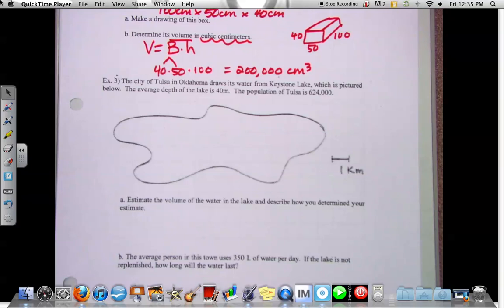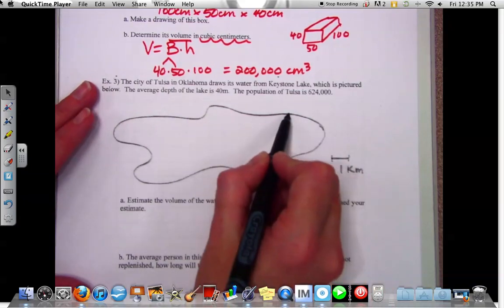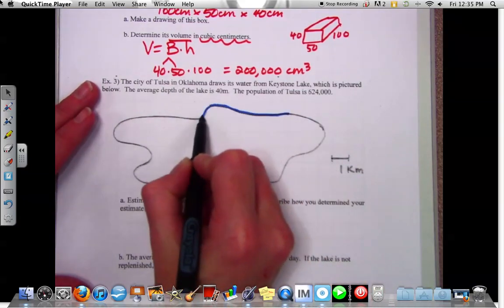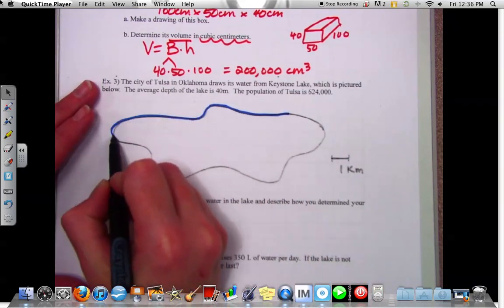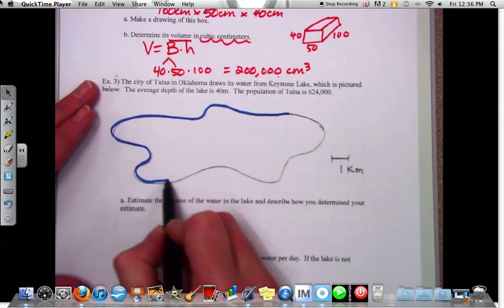Okay. My suggestion, flip it over, trace it on the graph paper on the back. How do you trace it? Look very carefully.